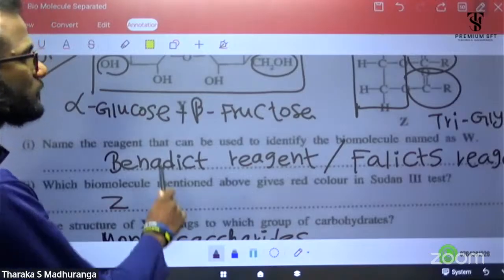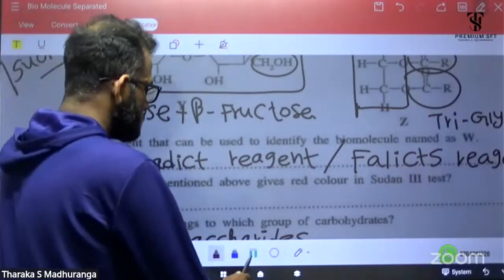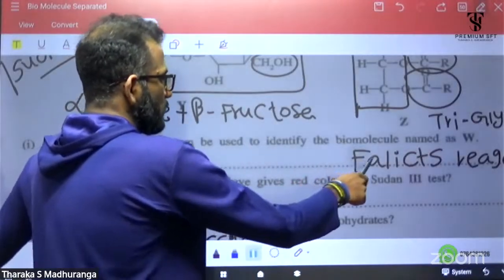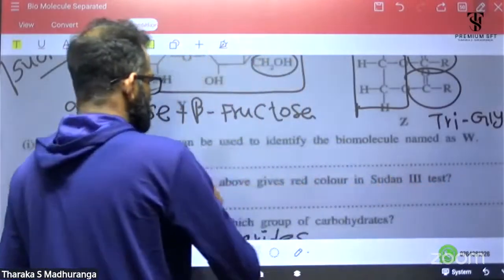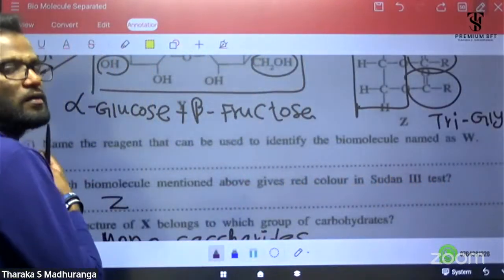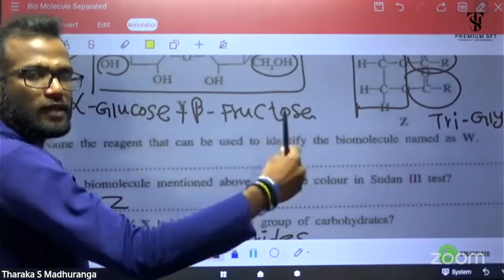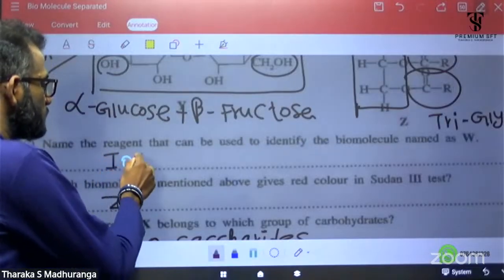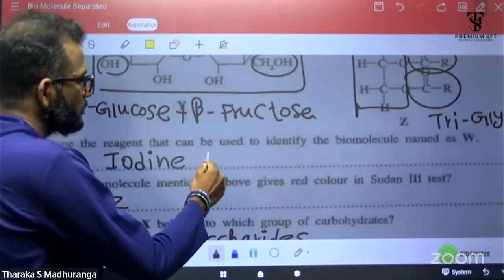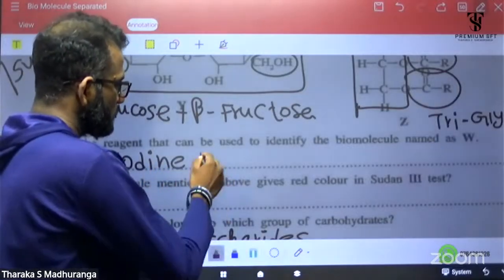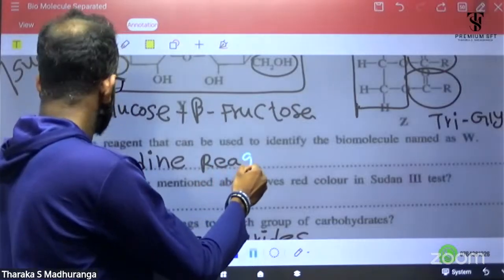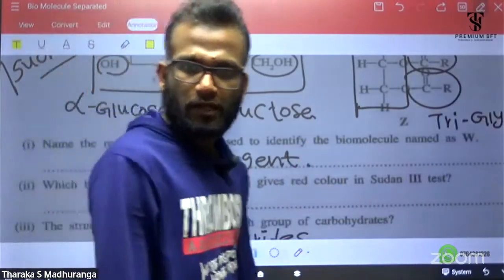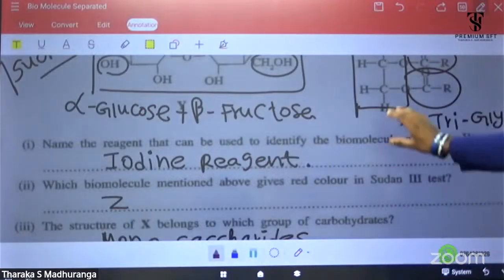Yes, for the first one, there is an effect. It is an alpha glucose chain, so it is a polysaccharide. It is the iodine test, the iodine reagent. Yes, very good, I missed this point.